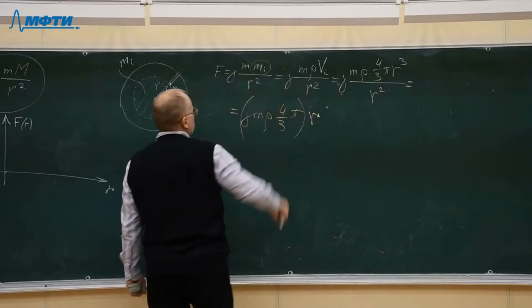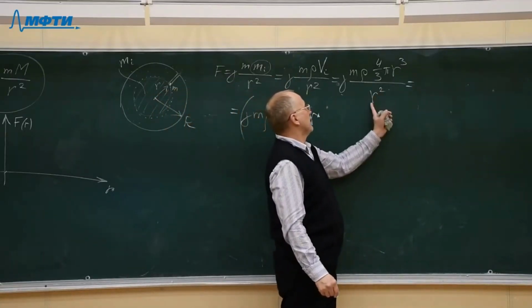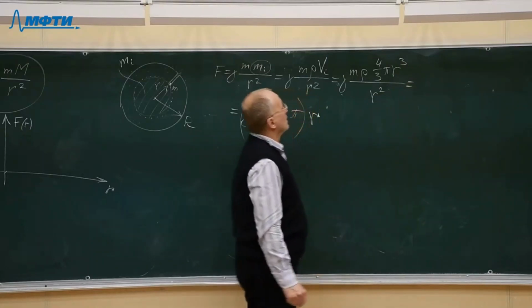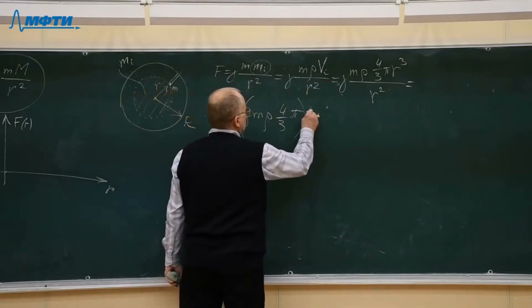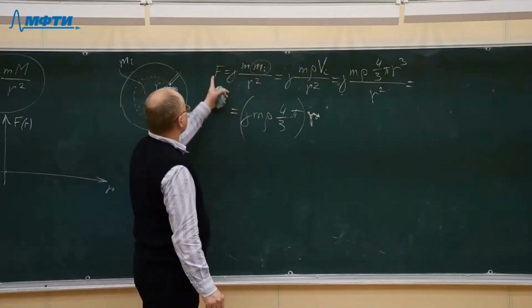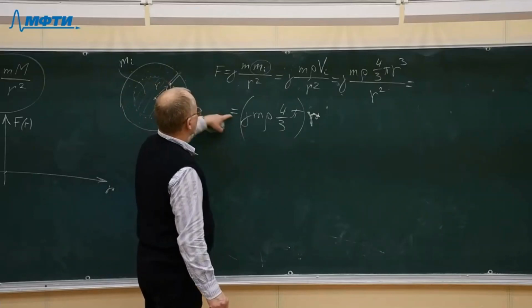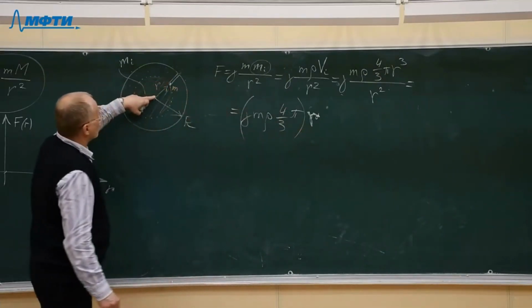So some coefficient times radius, because here we have r squared and here we have r to the 3rd power. So we will have radius times a coefficient here.